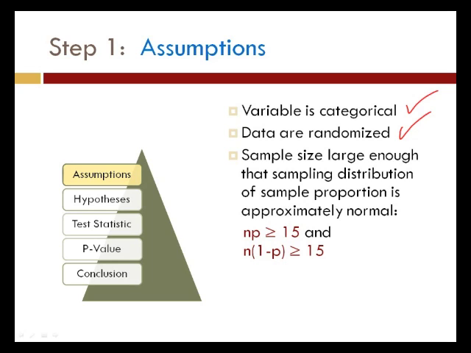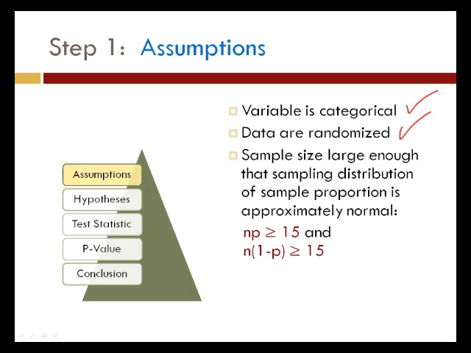Sample sizes are large enough that the sampling distribution is approximately normal. And remember, this is exactly what we talked about in Chapter 8: in order to do confidence intervals, we needed that sampling distribution to be normal too, and that meant we needed at least 15 successes and at least 15 failures.